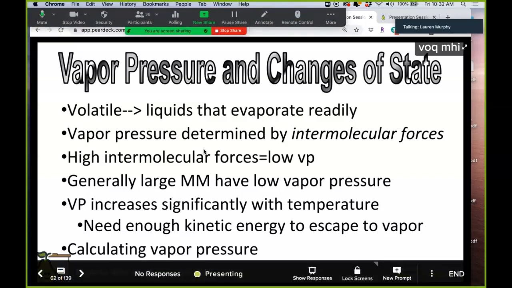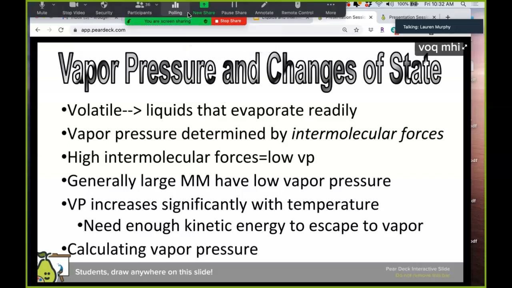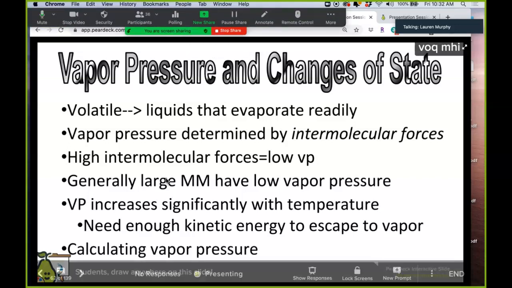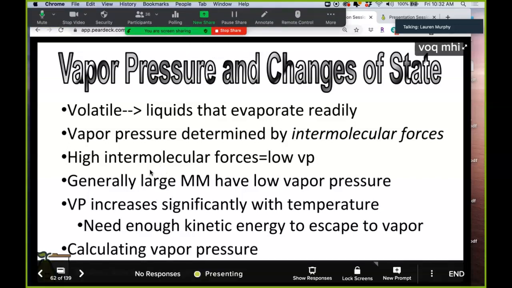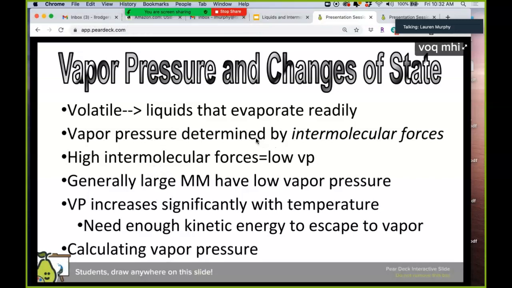What about rubbing alcohol? It's also called isopropyl alcohol. If you put rubbing alcohol on your skin, it feels cold. The reason it feels cold is because it's quickly evaporating off of your skin. So that's an example of a volatile substance.